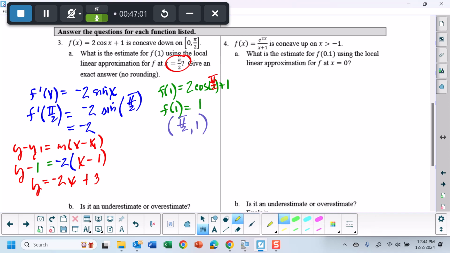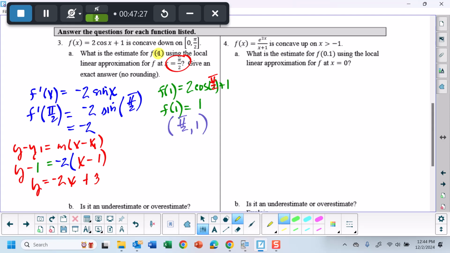Help me tease this out. Because I've mixed it up once, and I know you guys are at the end of the period, you're like, we don't care, we want to go eat lunch. So there's my equation. I'm estimating f of 1 using the local linear approximation at an input value of pi over 2, 1.